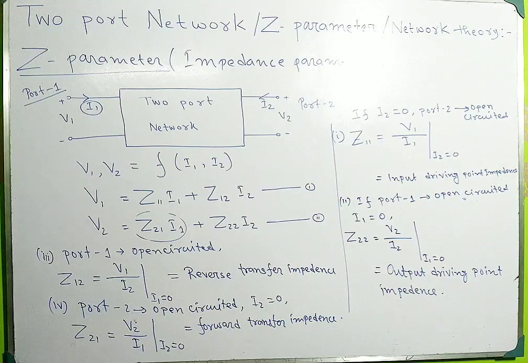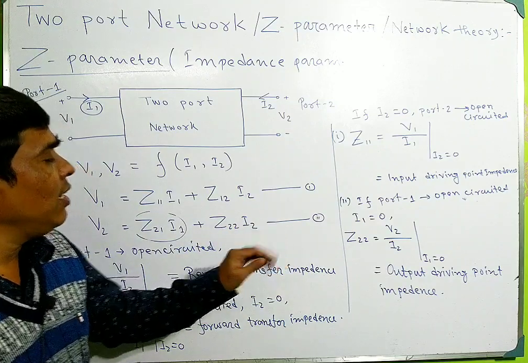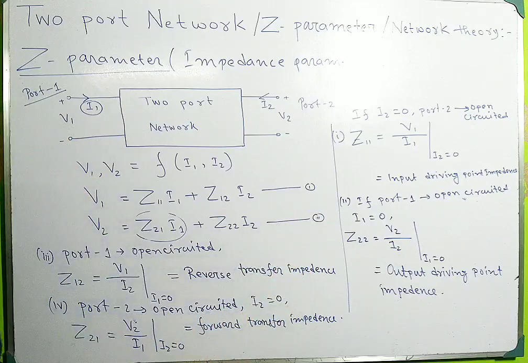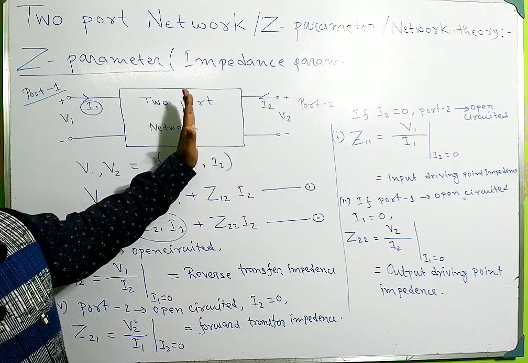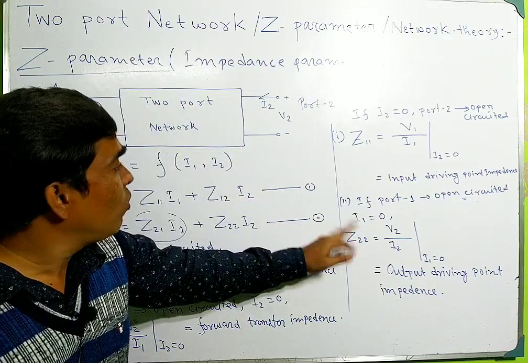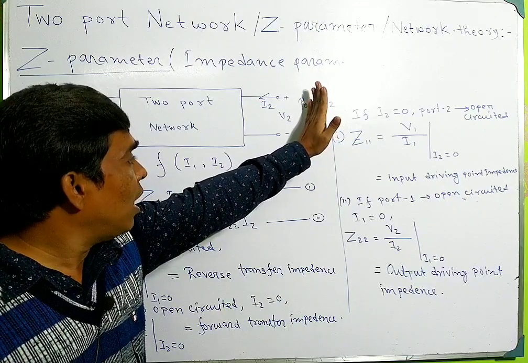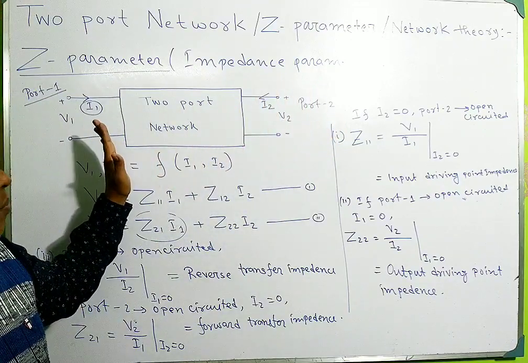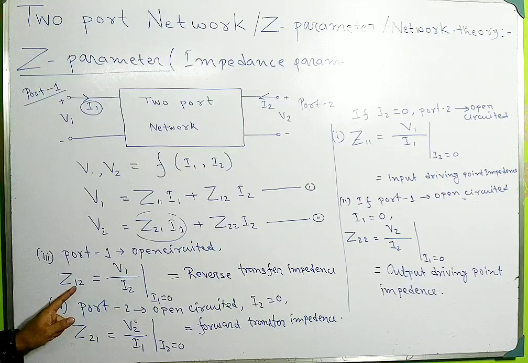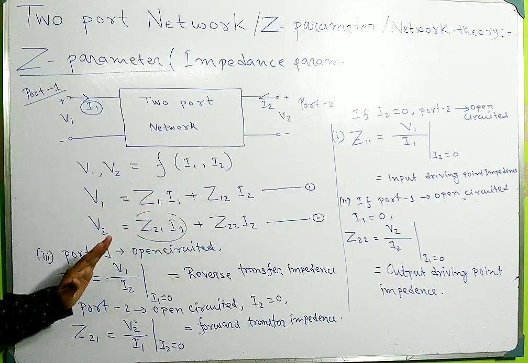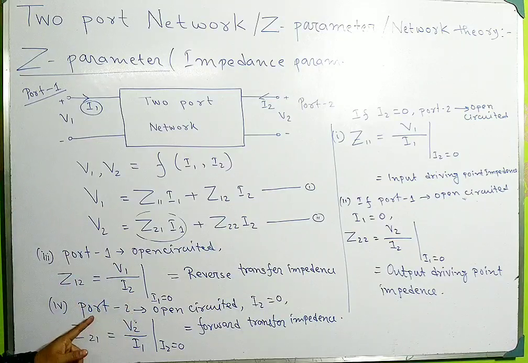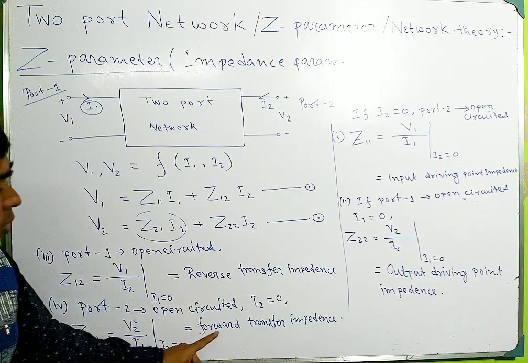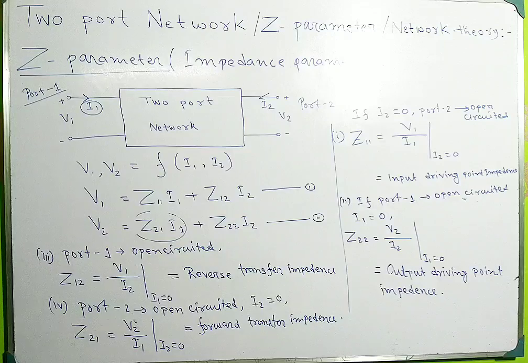Okay, so in this way you can define these 4 Z parameters. One is Z11, it is called input driving point impedance. This is Z22, that means V2 by I2, called output driving point impedance. And this is Z12, called reverse transfer impedance, that means V1 by I2. And Z21, this is V2 by I1, is called forward transfer impedance.